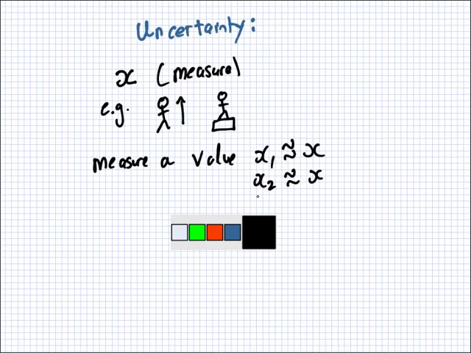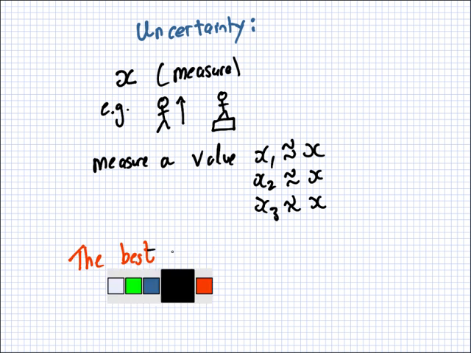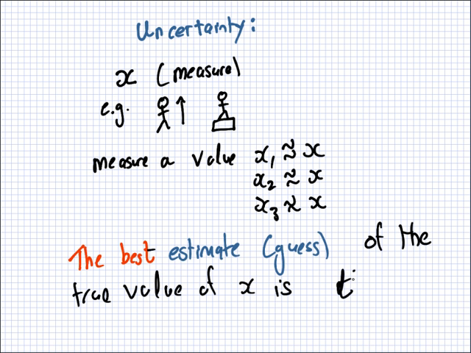Total value over how many. Yeah, what's that called? Average. Good man. So, the best estimate, which is another word for guess, the best guess of the true value of x is the average, which we write like this, x with a bar.